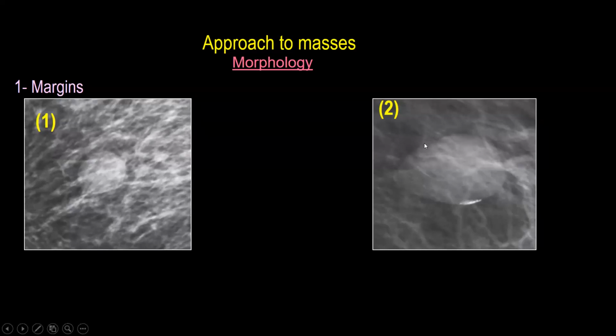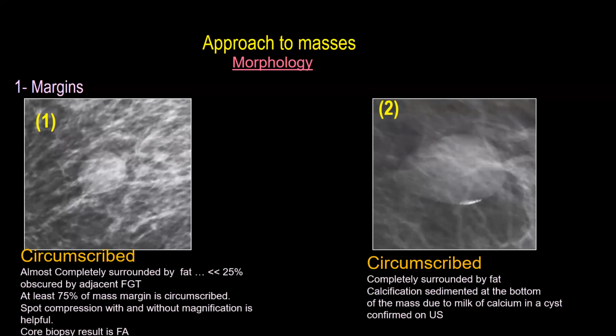And what if I ask you to give a pathological suggestion for this mass? What could it be? Considering this calcification, this layering calcification, you can now say confidently that you are dealing with a cyst with milk of calcium.